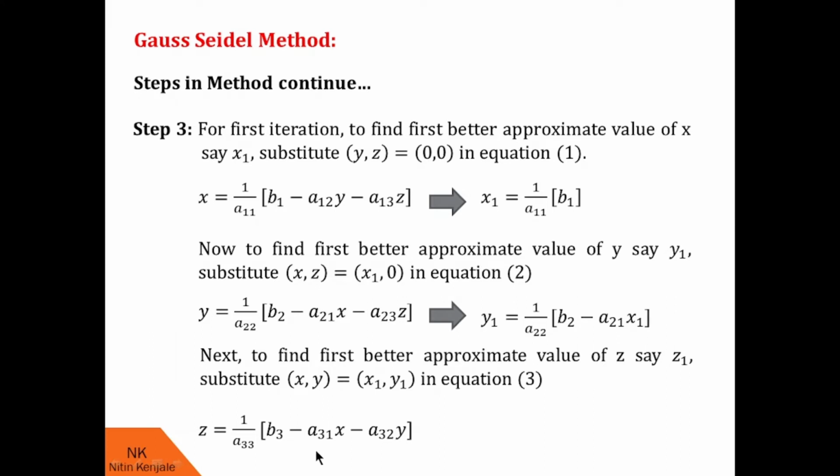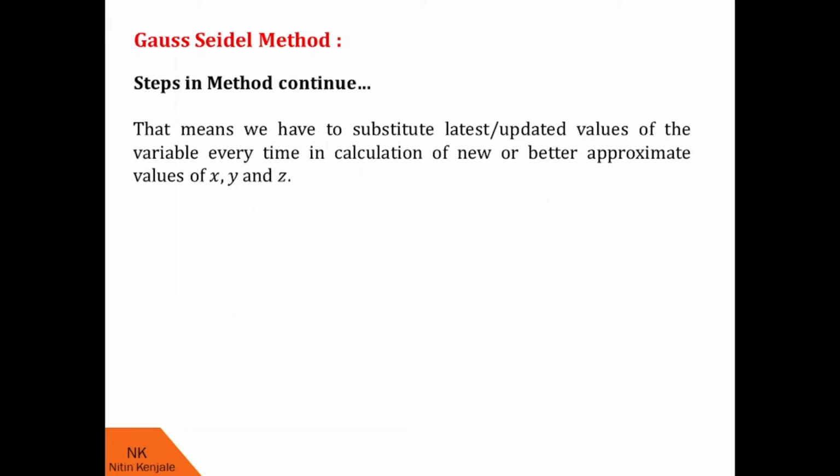Here we substitute x = x1 and y = y1 to get z = z1. So z1 will be 1 by a33 into (b3 minus a31 x1 minus a32 y1). So from step 3, we see that to find better approximate values of x, y and z, every time we substitute the latest or updated values of the variables.